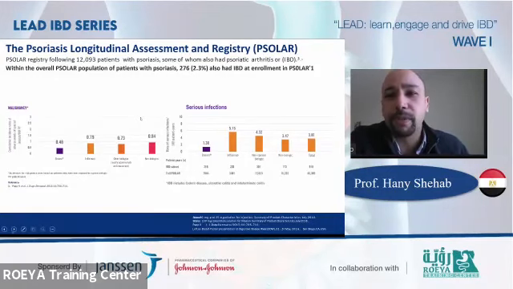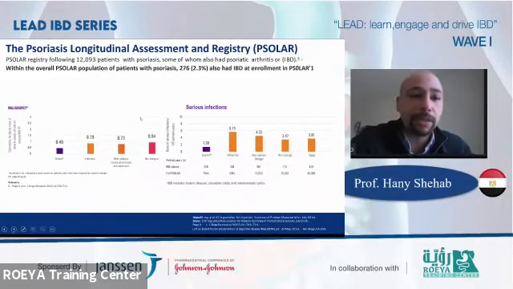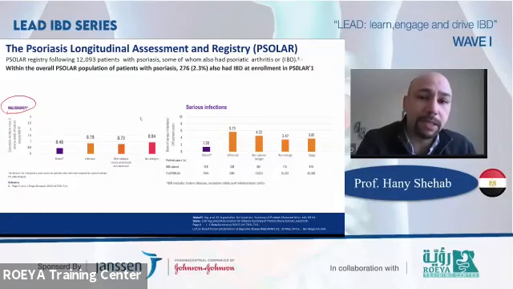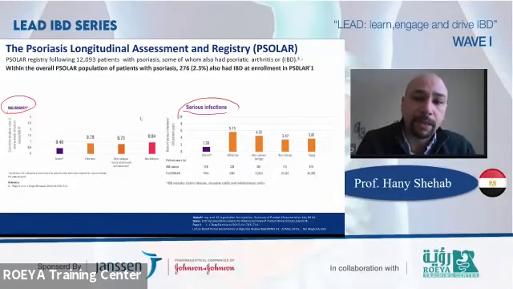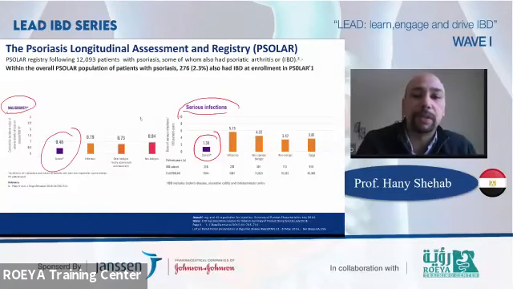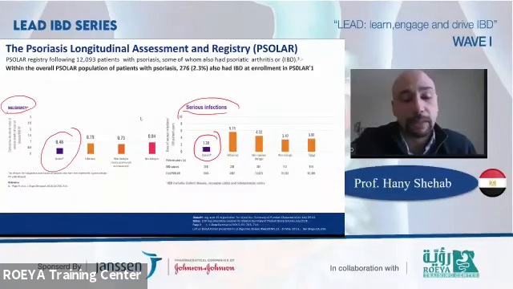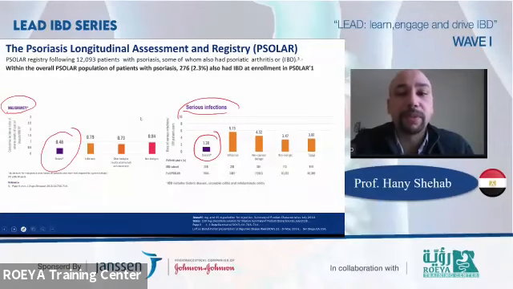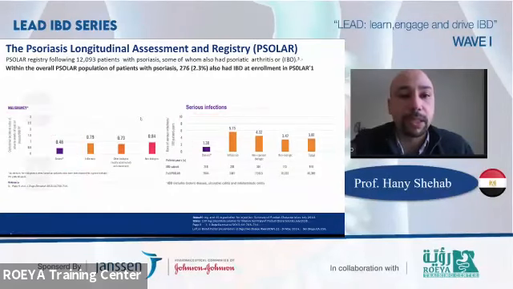A small number of them actually had a combination of psoriasis and IBD. And in this very large registry, you'll notice that in both malignancy and serious infections, there was no significant increase in adverse events with the use of ustekinumab or Stelara. So this is something, again, that we physicians should be very happy about and confident about when prescribing this medication.